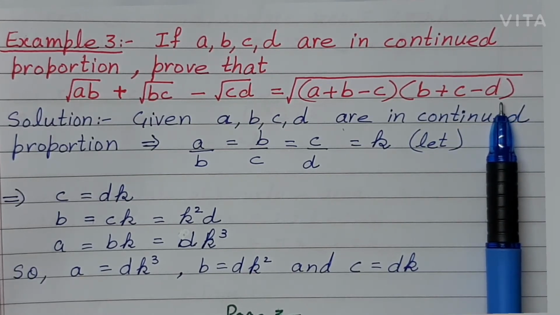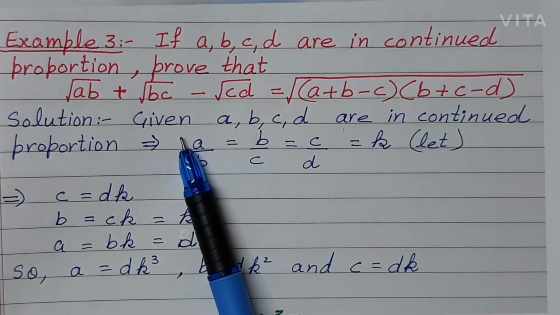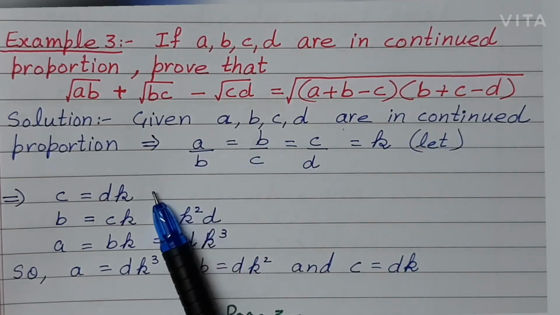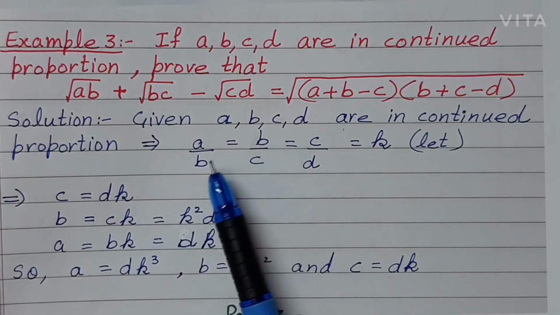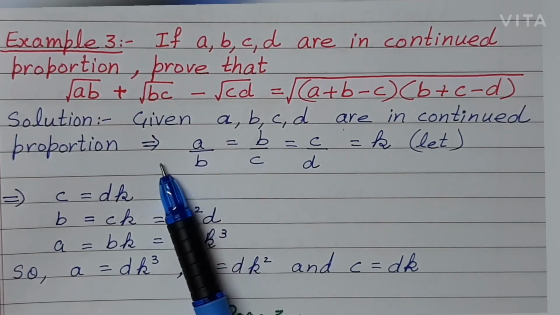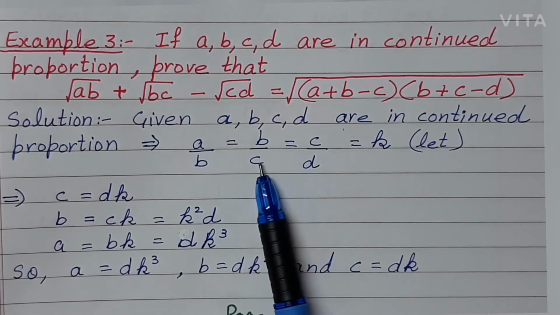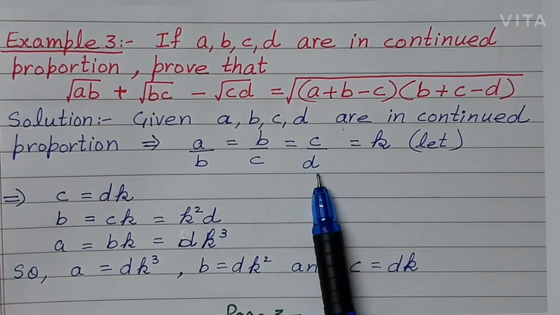Now, first of all, it is given that A, B, C, D are in continued proportion. So, that is equal to A upon B equals B upon C equals C upon D.